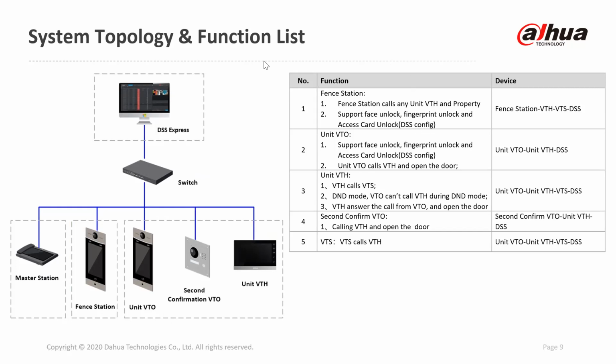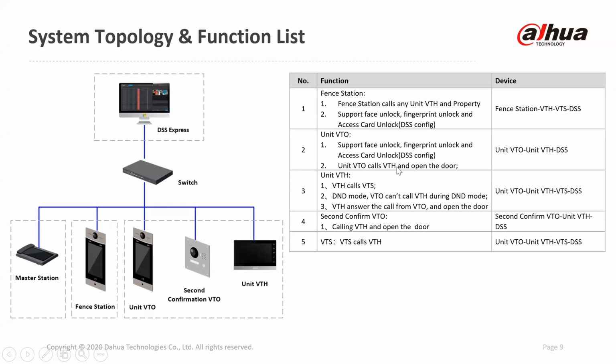Under this topology, it tells you how the devices will communicate with each other. The fence station calls any unit VTH and property, and supports face unlock, fingerprint unlock, access card unlock, and DSS config. Then the unit VTO supports face unlock, fingerprint unlock, access card unlock, and DSS config.